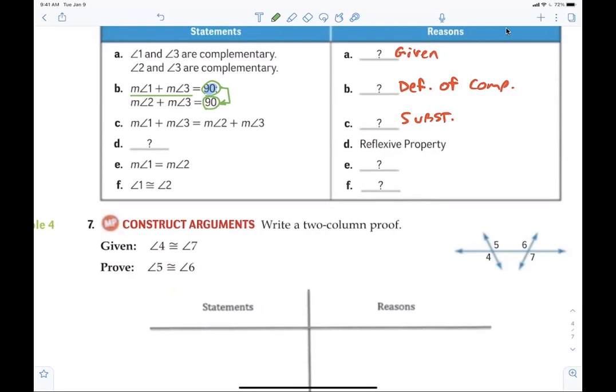Does anybody want to tell me what D is, the reflexive property? I put angle 3 equals angle 3, but I was confused.